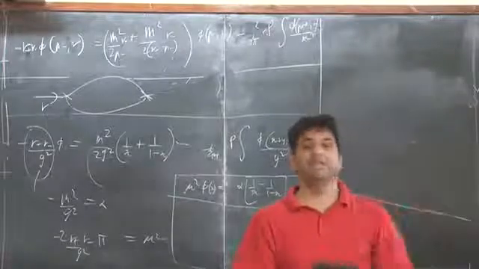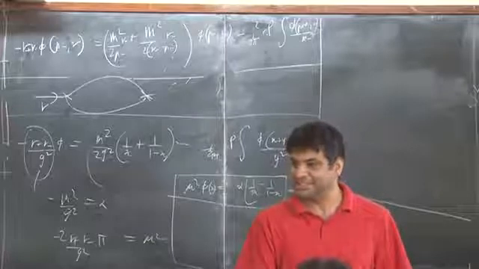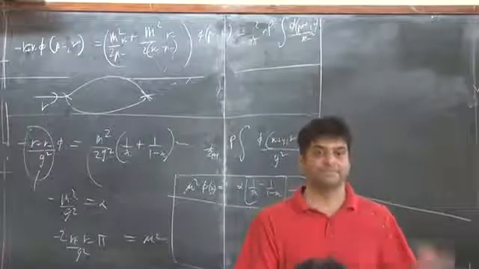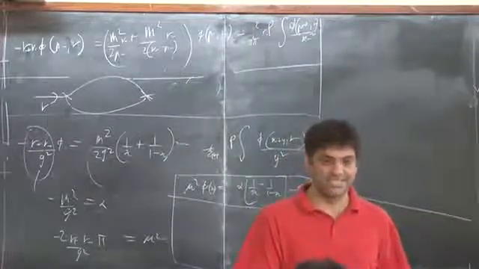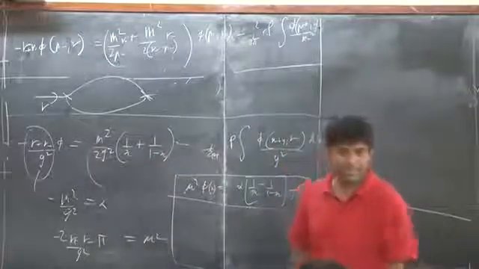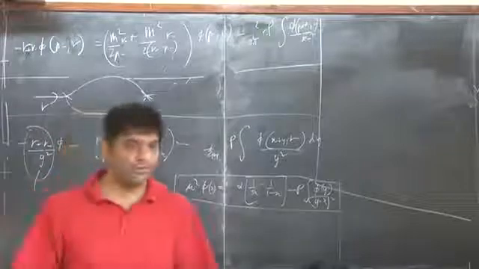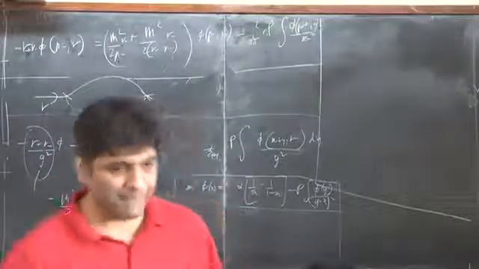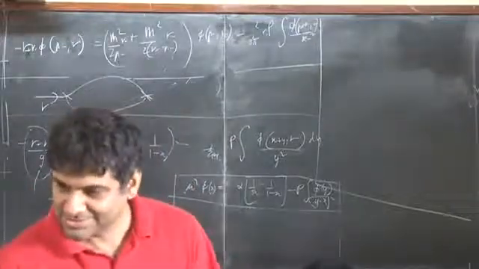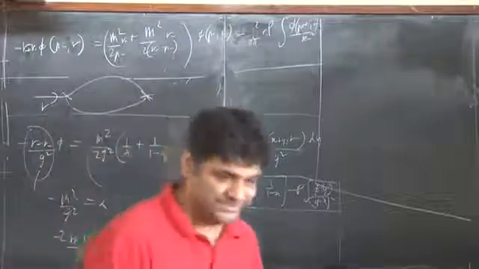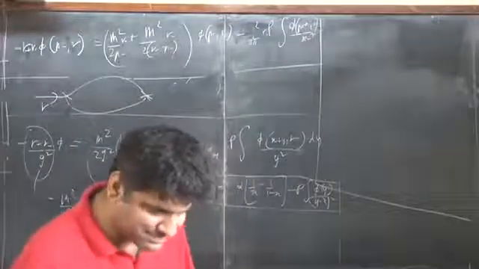So naive perturbation theory would lead you to expect that this integral should have solutions at every value of r plus r minus above a certain mass threshold. That's what we're checking. Is this clear?